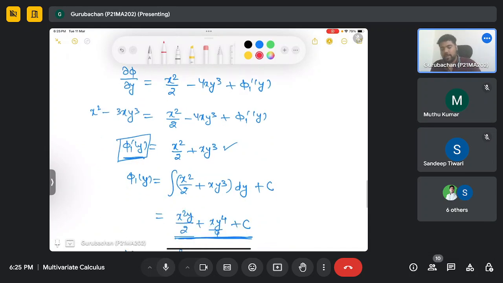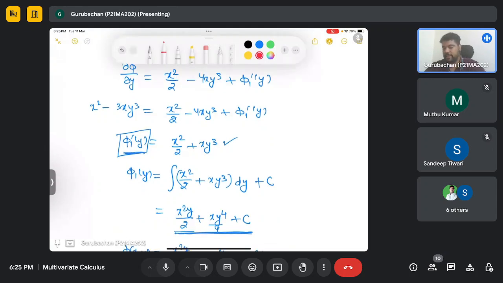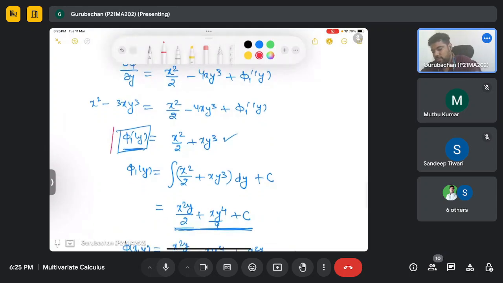So here, the derivative of phi 1 is a function of only y, and it is involving x in this. So we don't need to even integrate after this. Okay, this is what I am telling you when you are assuming that our field has some gradient, or you can say our field has some potential function.